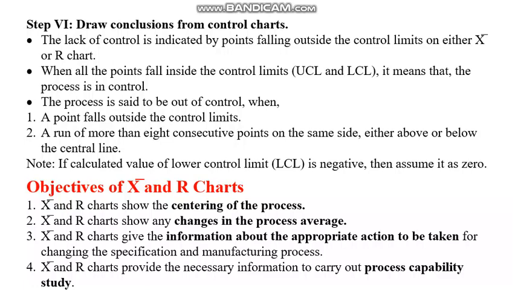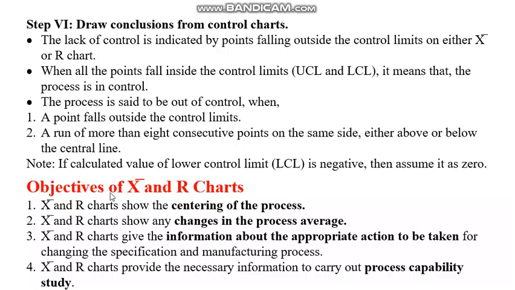Like that, we should conclude whether the process is in control, out of control, or getting out of control. Sometimes a note is mentioned here: if the LCL value is going to be negative, then you take it as 0.